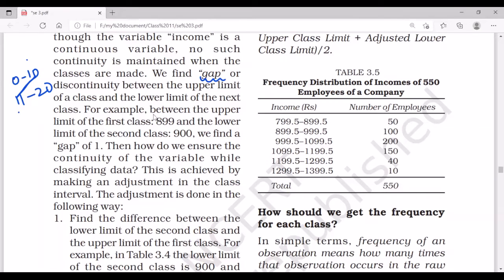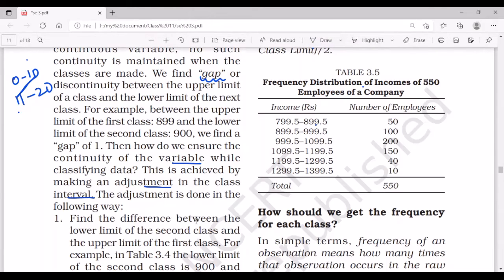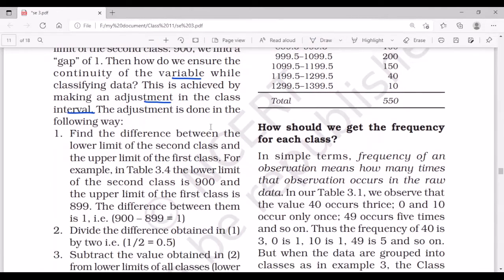Okay, for example, how do we ensure the continuity of the variable? Because we need to have continuity in our data, right? So this is achieved by making an adjustment in the class intervals. Now what are the steps that we need to follow to adjust the class intervals? First, find the difference between the lower limit of the second class and the upper limit of the first class.